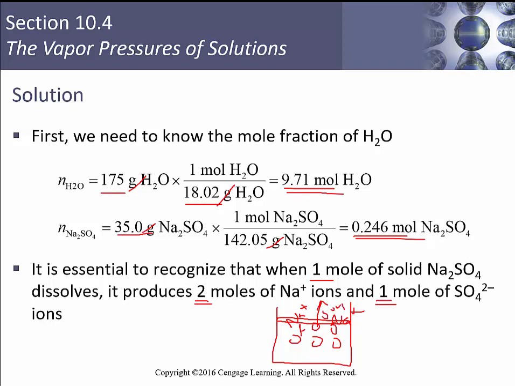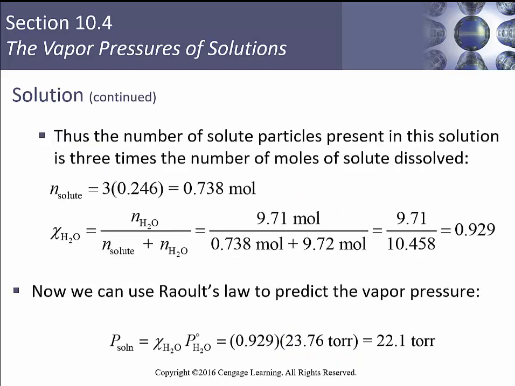So they're not going to be able to get out. The number of solute particles present in this solution is going to be 3 times the number of moles of solute dissolved. So our number of moles of solute is going to be 3 times the number of moles of sodium sulfate, so 0.738 moles.